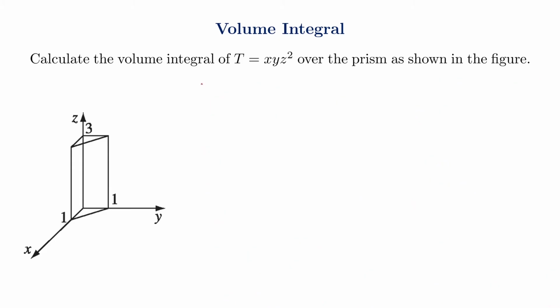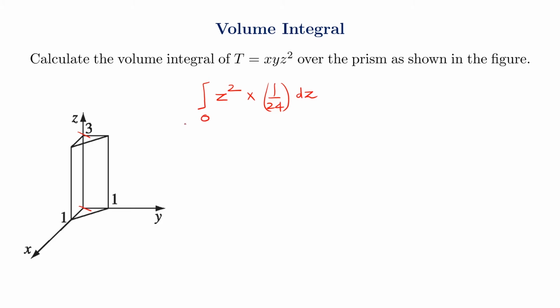Now we shall perform the third integration, which is the integral of z square times 1 by 24 into dz. In this case, z runs from 0 to 3.